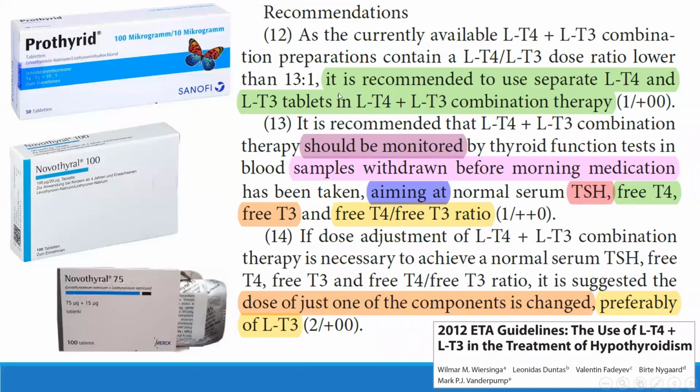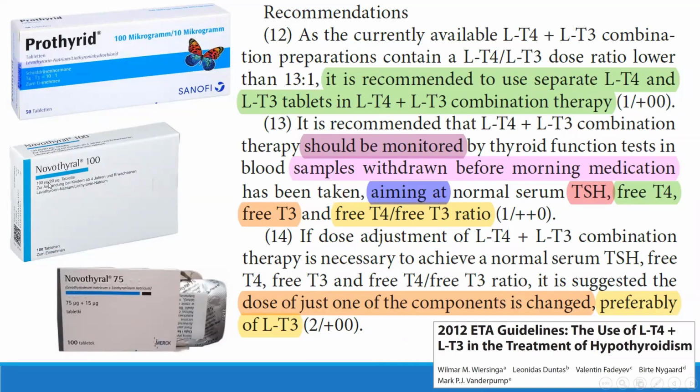So the guideline recommends using separate levothyroxine and liothyronine tablets in a 2-tablet formulation, not a combination tablet, because combination products are available in different concentrations. For example, this drug Thyroid by Sanofi presents 100 micrograms T4 and 10 micrograms T3 in a ratio of 10:1, which is not a physiological ratio.